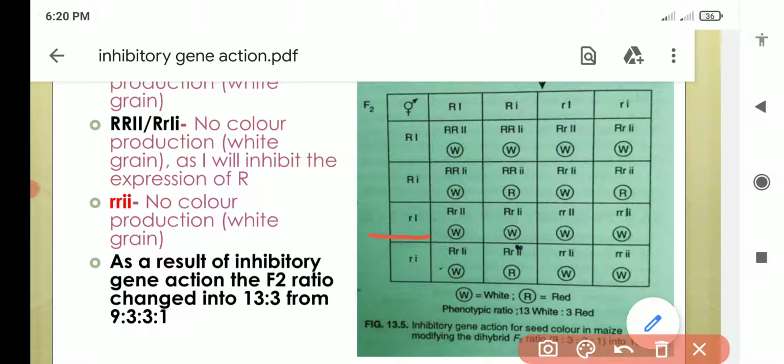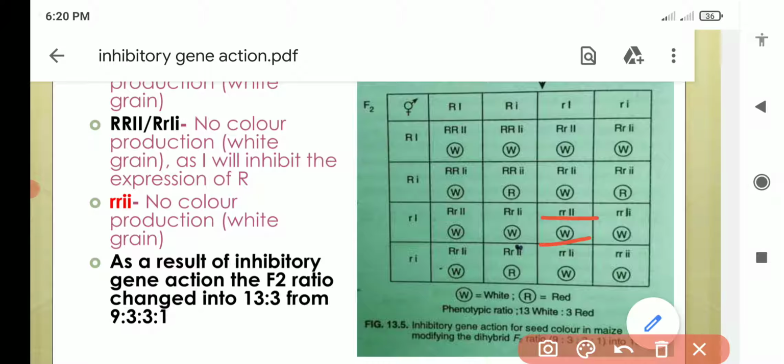Then the third female gamete will cross with the first male gamete, and again white color will be produced. When this gamete crosses with the second gamete, again white color will be produced. When this gamete crosses with this gamete, white color will be produced here because now small r, capital I are present, and capital I does not produce any phenotype.